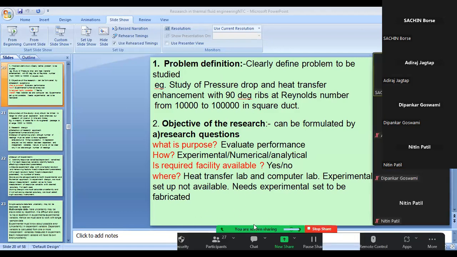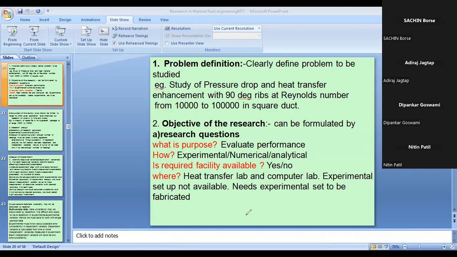I want to use one square duct, and I will allow the air to pass through this. This is a heated duct. And inside that, I will use some ribs to disturb the flow and create the heat transfer enhancement. I will use this type of ribs, 90-degree ribs. Then I will use the flow in such a way that the Reynolds number is from 10,000 to 1 lakh.